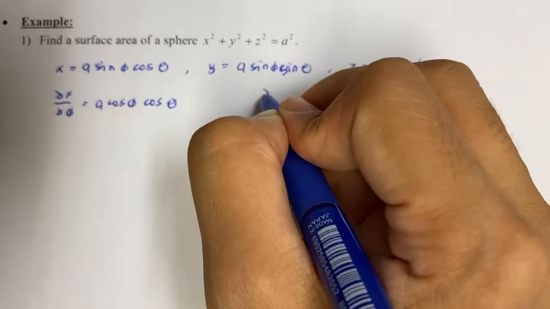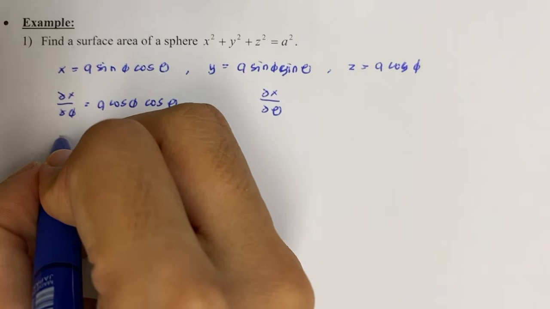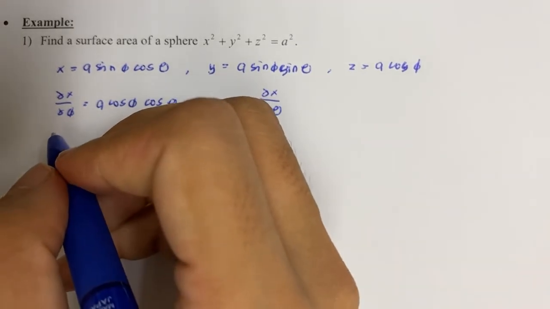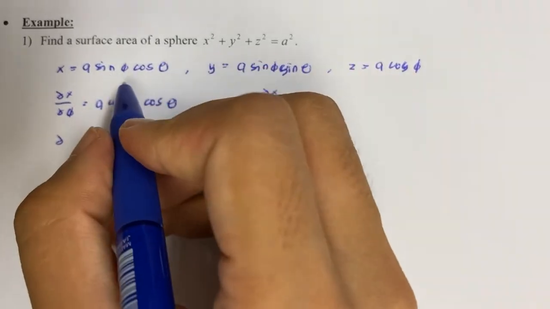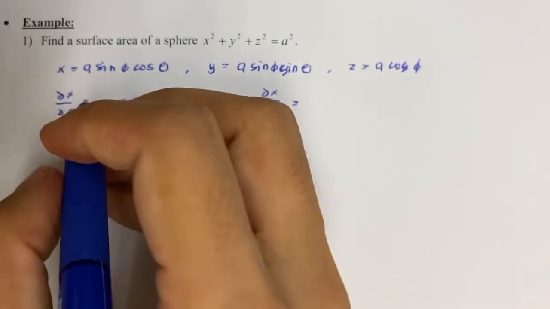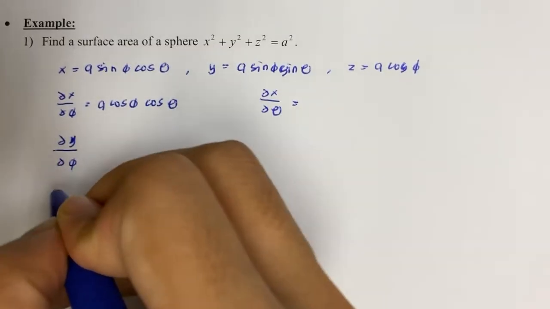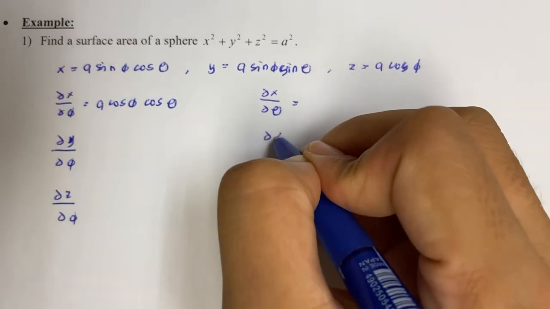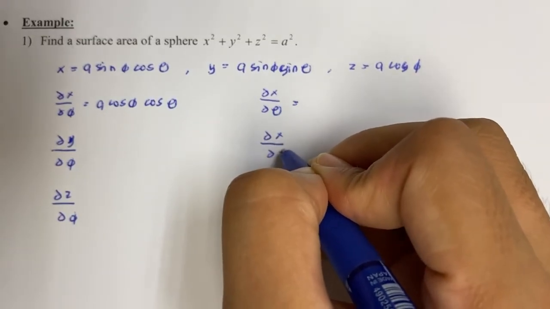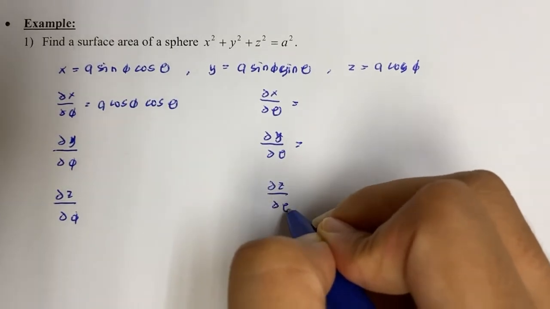Then find what is del x over del theta, because we want to find the cross product of Rx with Ry, or R psi and R theta. And then find del y over del psi, del z over del psi, del y over del theta, and del z over del theta.